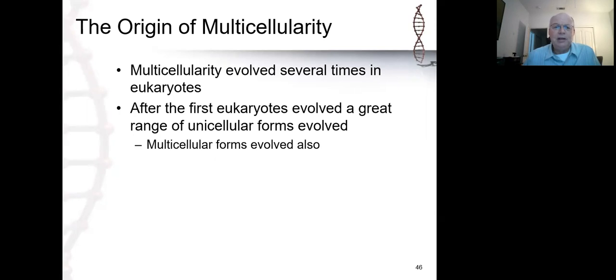So multicellularity amongst animals, multicellularity amongst plants, multicellularity amongst fungi are probably independent events, because all of those kingdoms can be traced back to unicellular eukaryotic protist ancestors, or at least we have hypotheses that trace them back to unicellular protist ancestors.